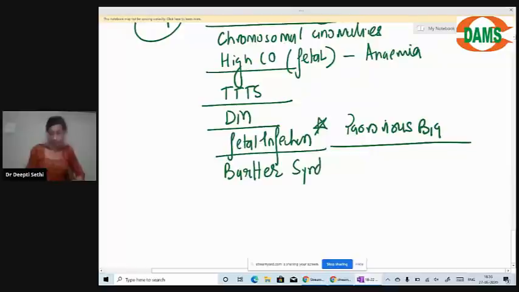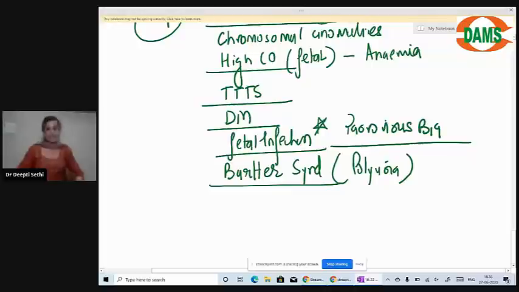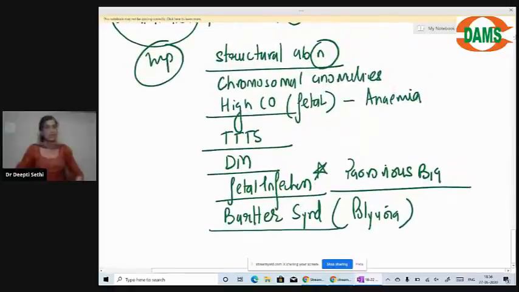And lastly, not a very common thing to come across, but yes, you should know this. It is a likely question for your upcoming exams, and it is fetal Bartter syndrome. In fetal Bartter syndrome, there is again polyuria, as a result of which there will be polyhydramnios. Whereas in Liddle syndrome, there is going to be oliguria, and there is an association with oligohydramnios. So these are important associations when you come across polyhydramnios.